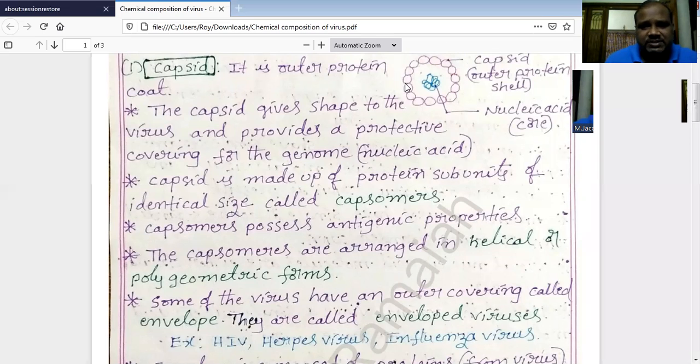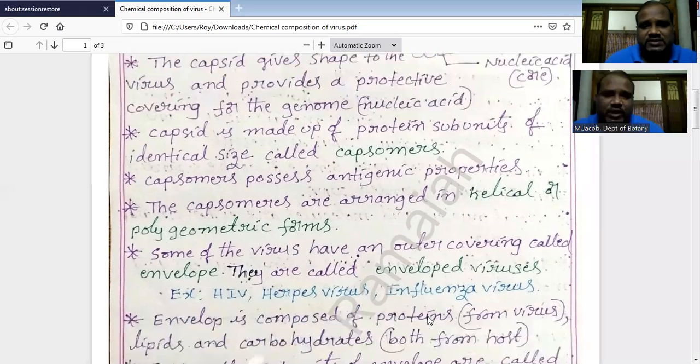Such viruses are called enveloped viruses.